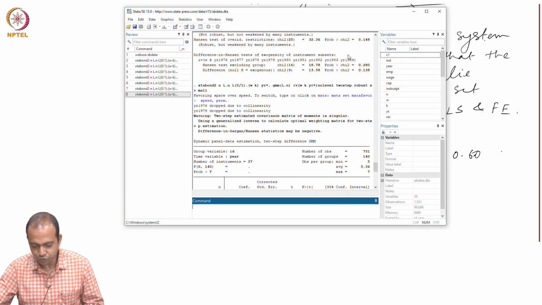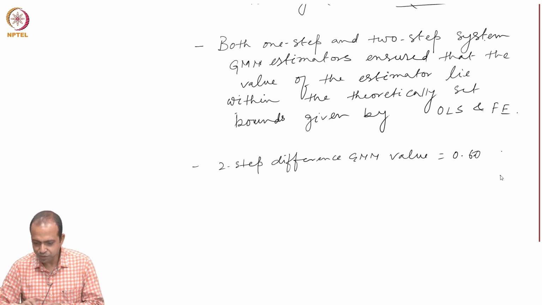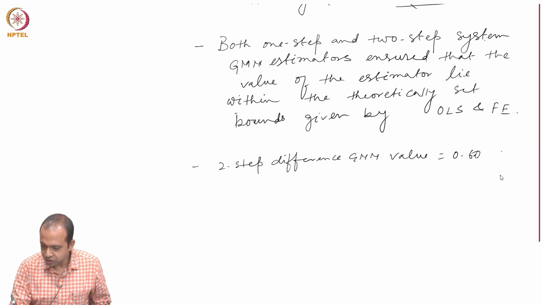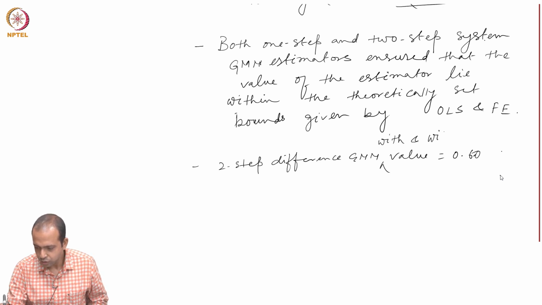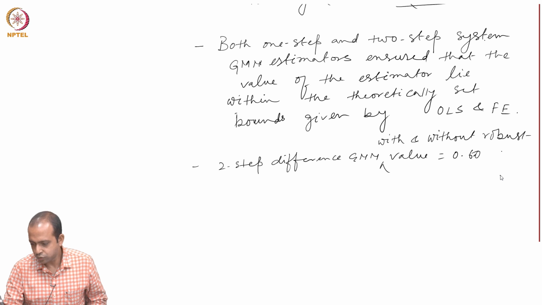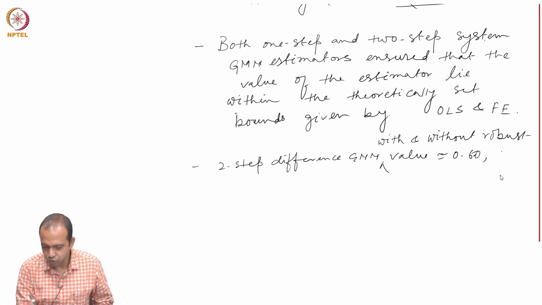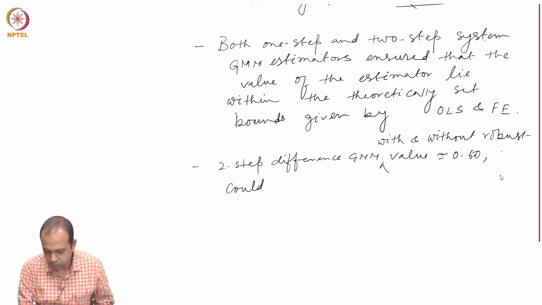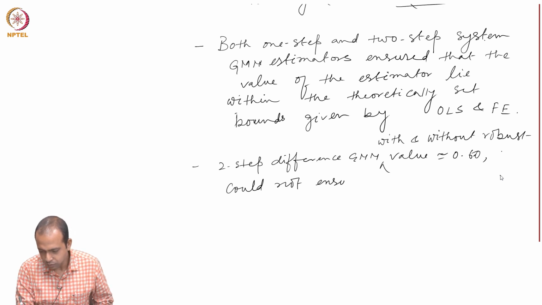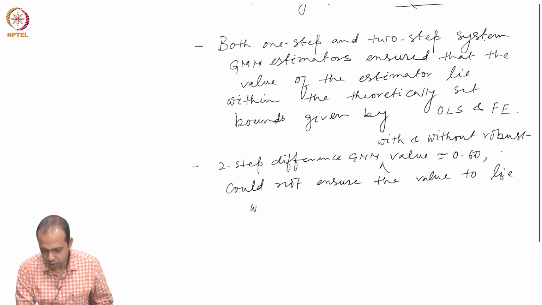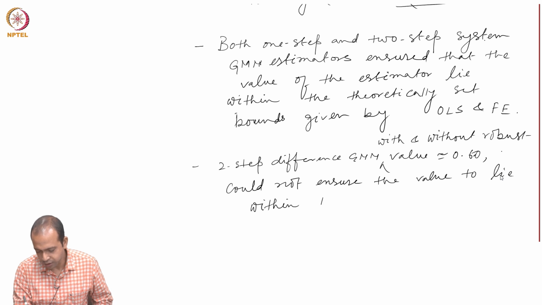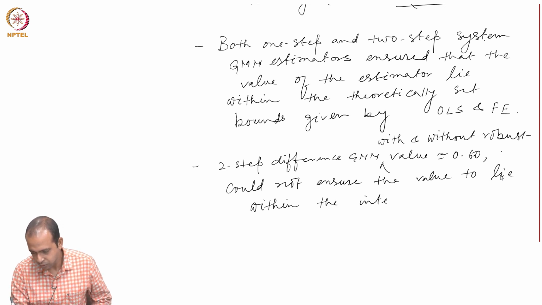So, two step difference GMM with and without robust is almost equal to 0.60, that means it could not ensure the value to lie within the interval.